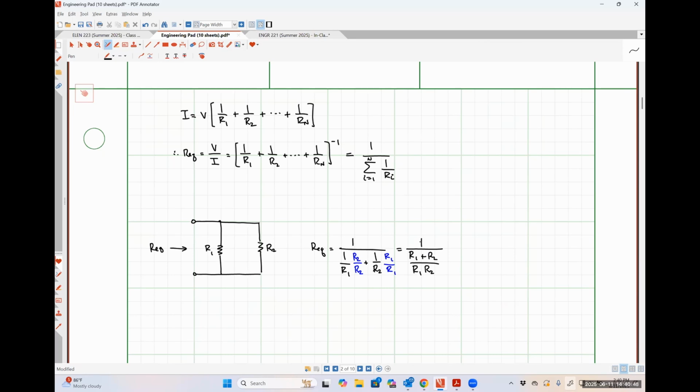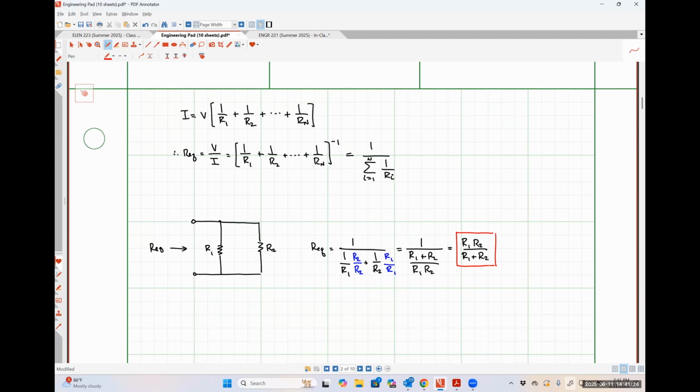And hopefully we all remember from our high school or middle school algebra classes or whatever, that whenever I divide by a fraction, that's the same thing as multiplying by the reciprocal. So I can really just turn that bottom part upside down, and that leaves me with R1 times R2 over R1 plus R2. So this is a shorthand method for calculating the equivalent resistance of two parallel resistors, okay?